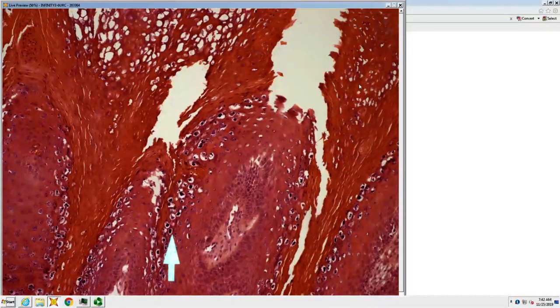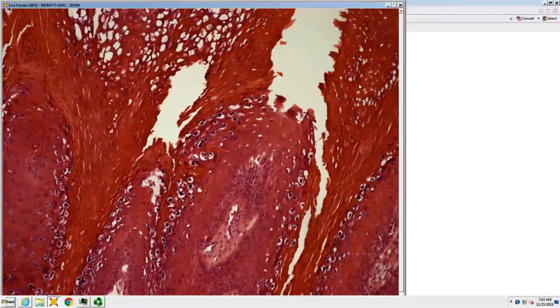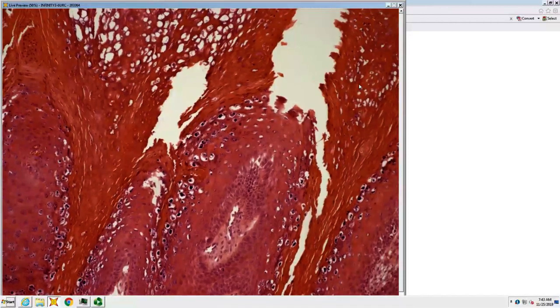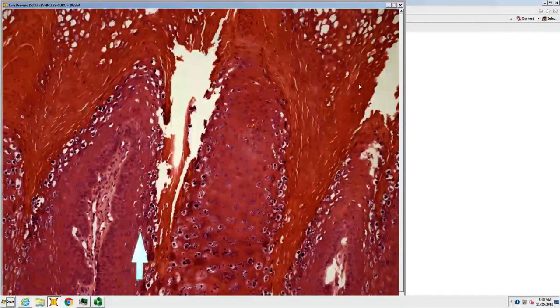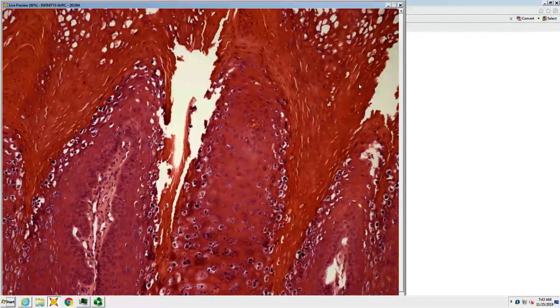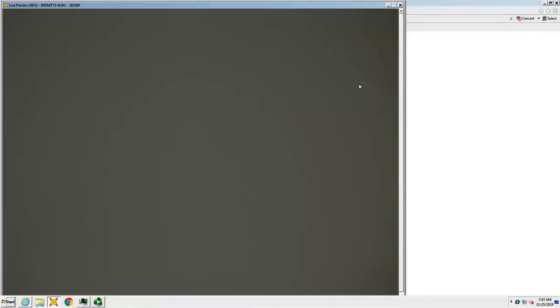In skin, you often get large gray nuclei rather than the shriveled little ones. So over here, all of these large gray nuclei, those are also koilocytes. You can have the black shriveled pyknotic nucleus, or you can have the large gray nucleus. Either one counts as a koilocyte in skin, unlike cervix.